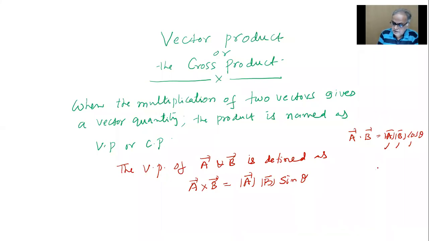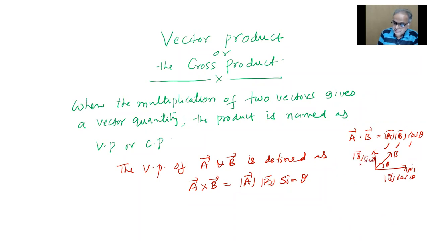And we told this is A, this is B. So the component of B along A we took and multiplied it with mod A, and we said that's a scalar quantity. But that time you asked, what about the other component? The component of B perpendicular to A is mod B sine theta.